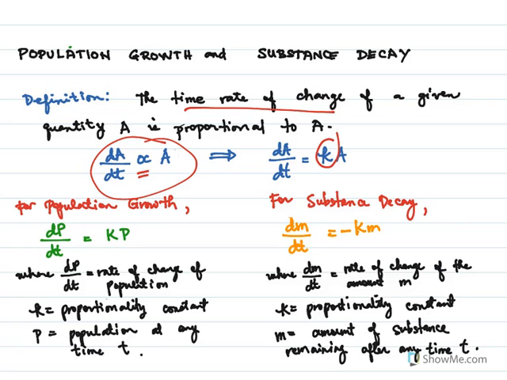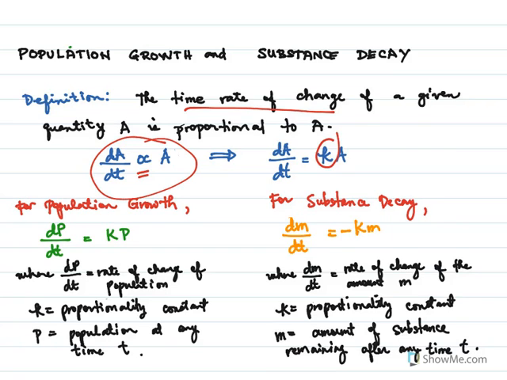Whereas if we are talking about substance decay, you have dm over dt, the rate of change of the amount of substance with respect to time, is equal to negative km, where k is also the proportionality constant and m is the amount of substance remaining after any time t. So for substance decay problems, m is the amount of substance remaining after a given time t.